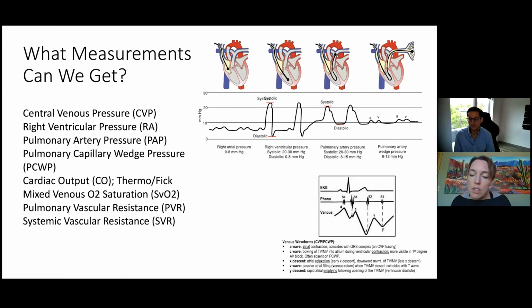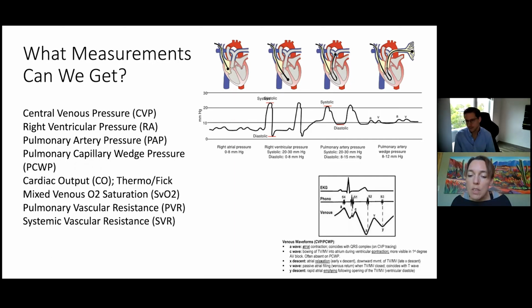Thermo is basically a thermometer placed at the tip of the PA catheter, with colder liquid, at room temperature, which ends up being colder than the blood, injected in the right atrium. The Swan catheter is able to measure the temperature change when this cold fluid travels from the right atrium to the PA.